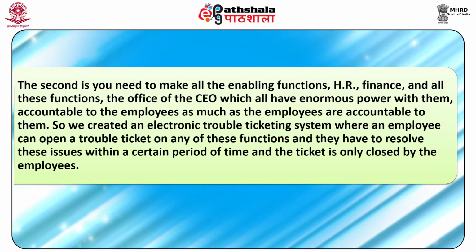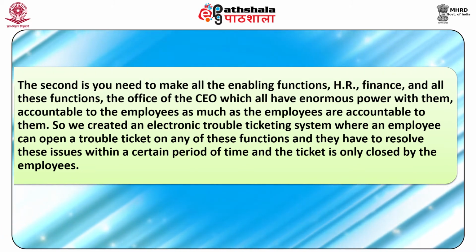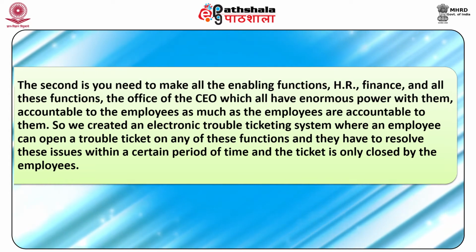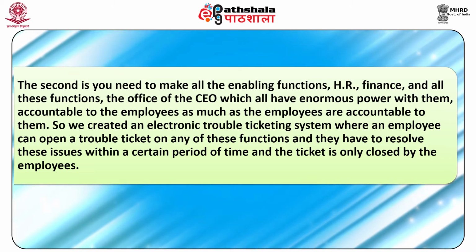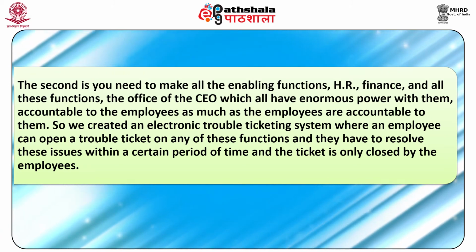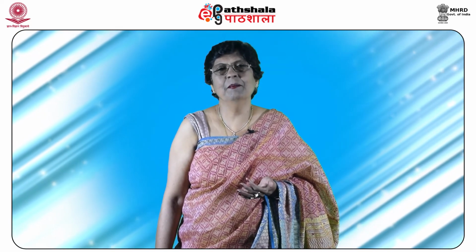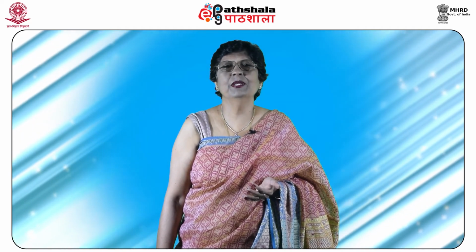So we create an electronic trouble ticketing system where an employee can open a trouble ticket on any of these functions, and they have to resolve these issues within a certain period of time, and the ticket is only closed by the employees.